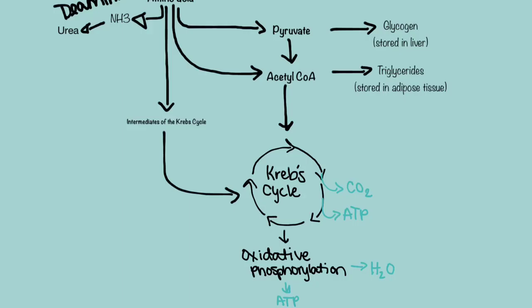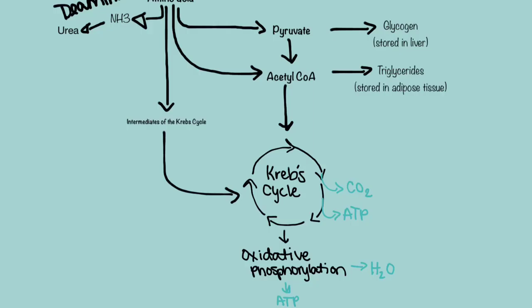This way, when there is a shortage of ATP, the glycogen and triglycerides being stored can be converted back into glucose or fatty acids to become components of the Krebs cycle, which can be then turned into ATP. So proteins can be used to create ATP immediately or stored for later use.